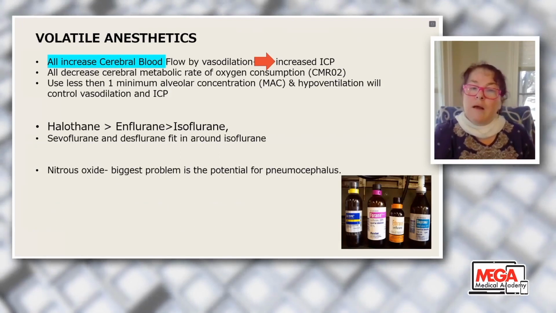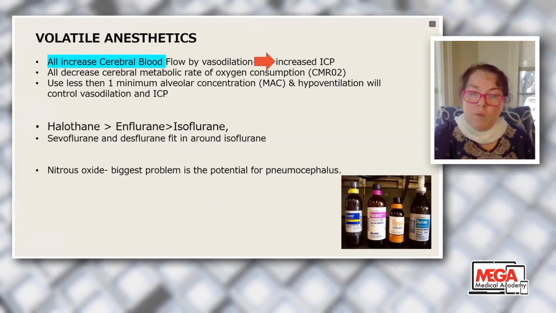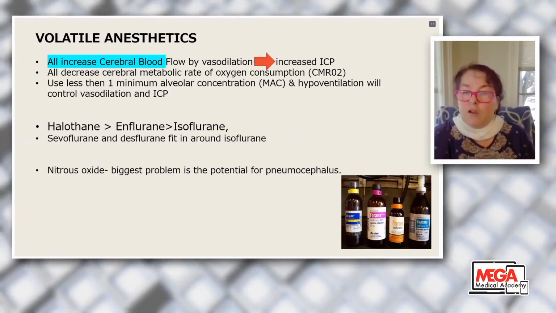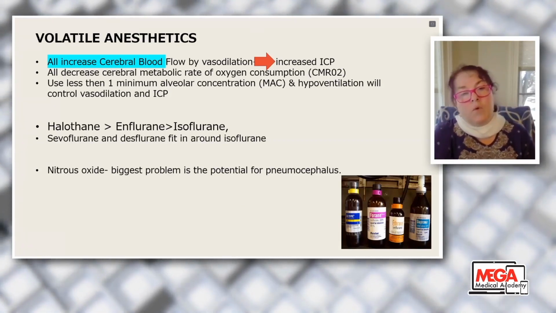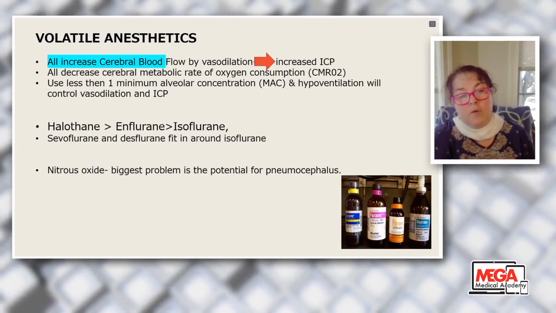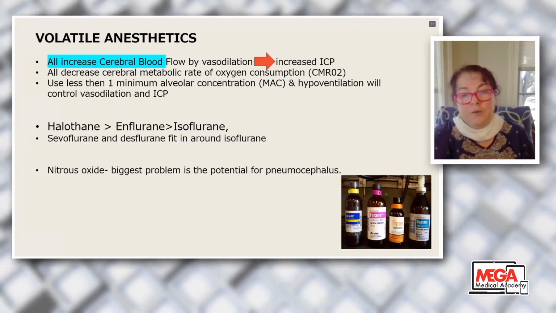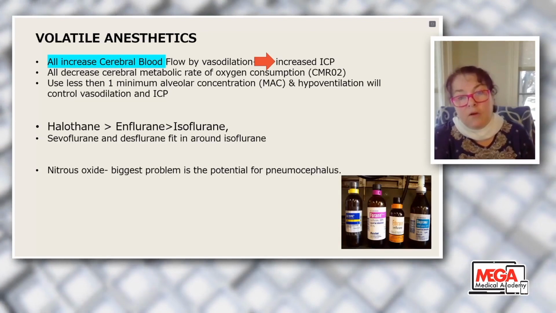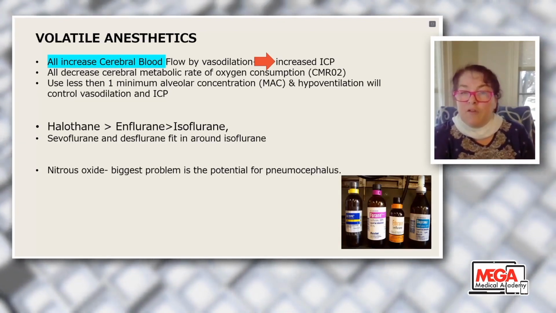Okay, so once you get our patient to sleep, we've done all what we just talked about. Now we're giving them volatile anesthetics. What's important to realize about these volatile anesthetics is that they will all increase your cerebral blood flow by vasodilation. They all do. And secondarily this will increase your intracranial pressure.